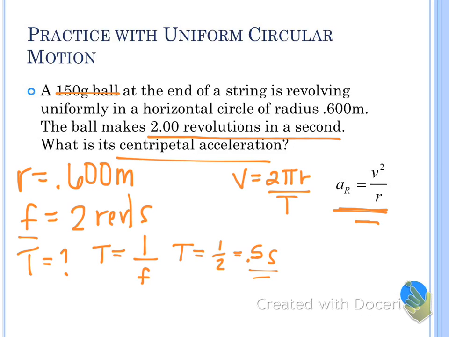Does that make sense? We see the connection between those? So now we can go about solving for velocity. Velocity is equal to 2 pi times 0.6 over 0.5. I usually just go ahead and use the pi button, and I leave everything in my calculator.